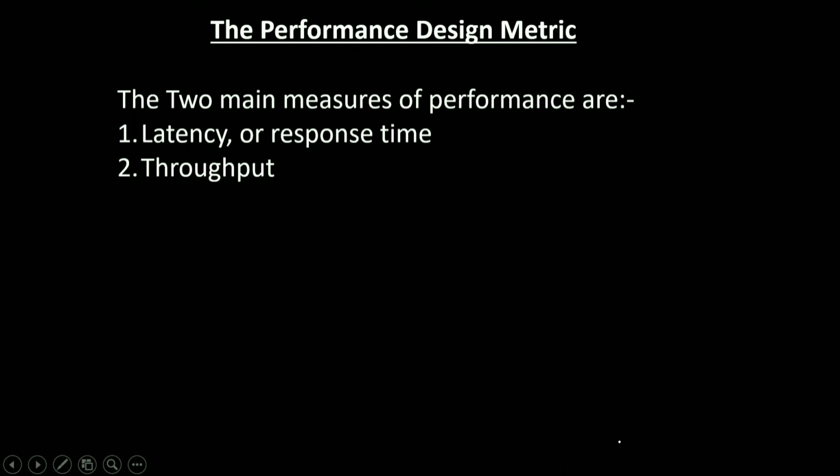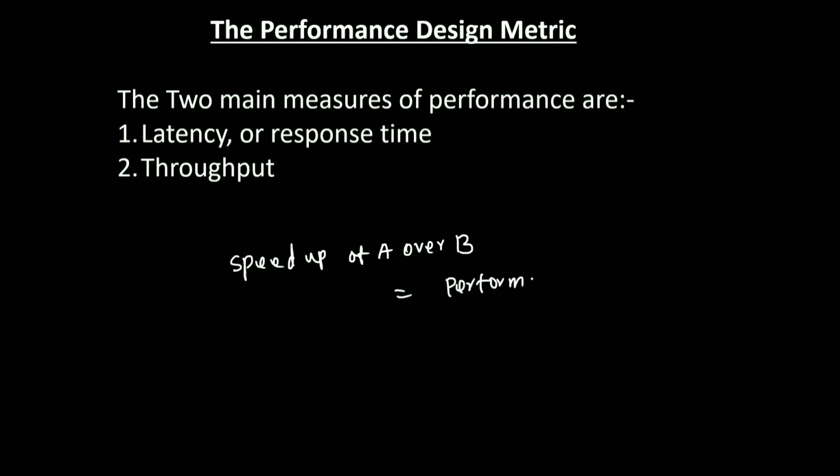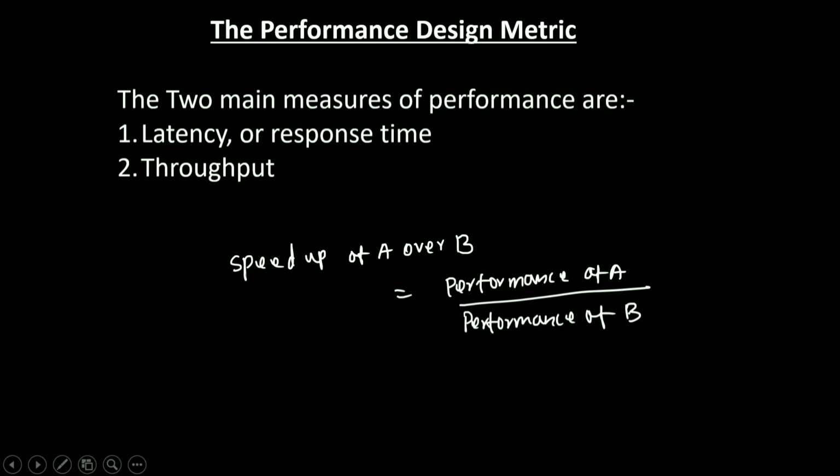Speedup is a common method of comparing the performance of two systems. The speedup of A over system B is determined simply. We can write that speedup of A over B is equal to performance of A divided by performance of B. Performance could be measured either as latency or as throughput, depending on what is of interest.